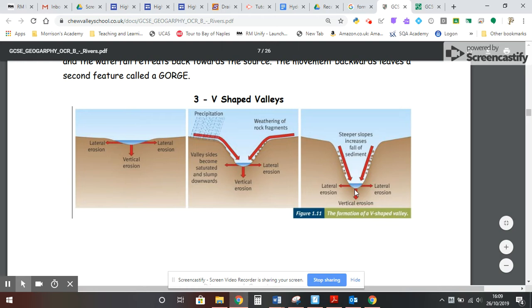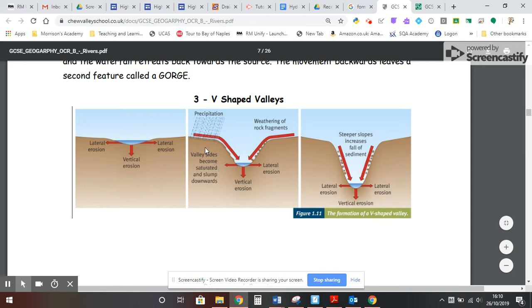Now, hydraulic action, abrasion, and solution are causing the river to eat downwards into the landscape. But what gives the actual valley its V-shape is to do with other processes on the side that are out with the control of the river itself. Now, as we can see in diagram 2, heavy rain in the mountains will cause a lot of water to be flowing down the mountain sides into the river.